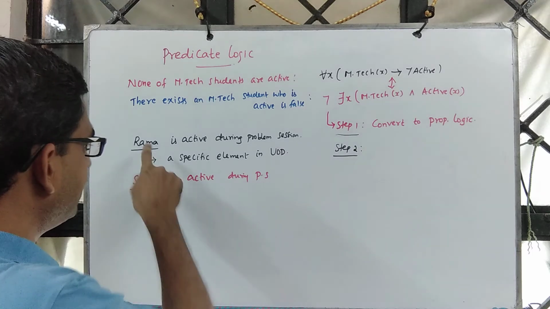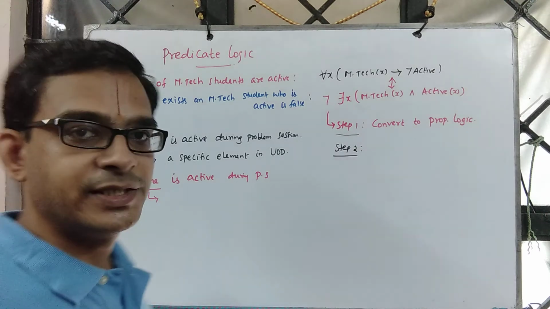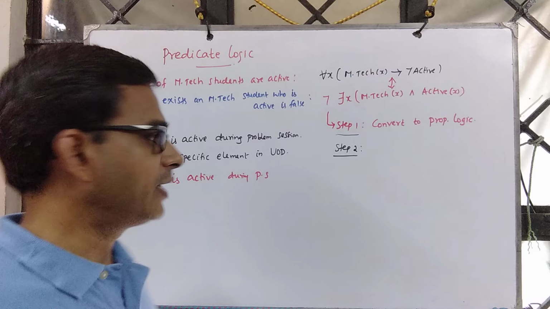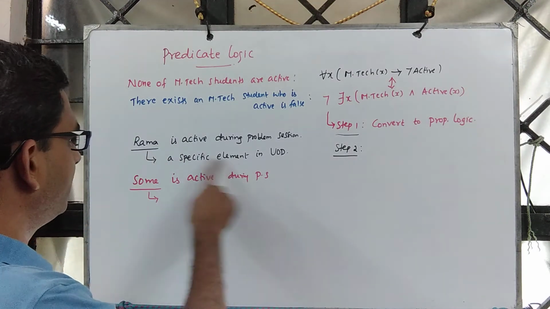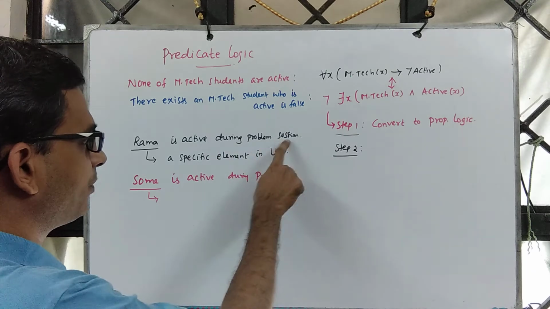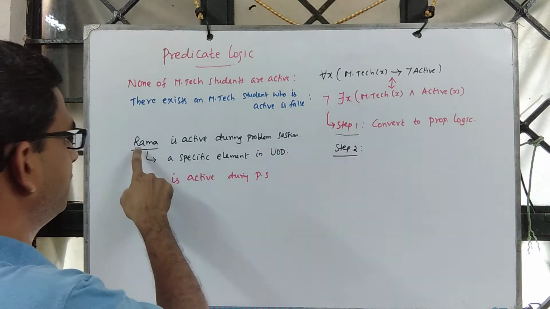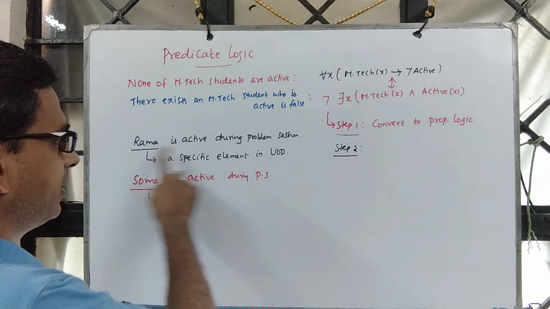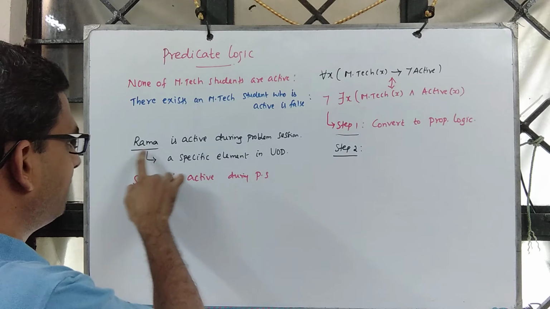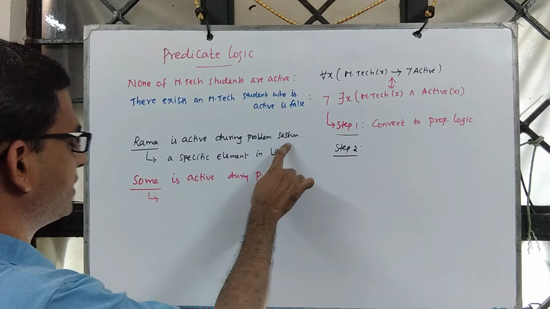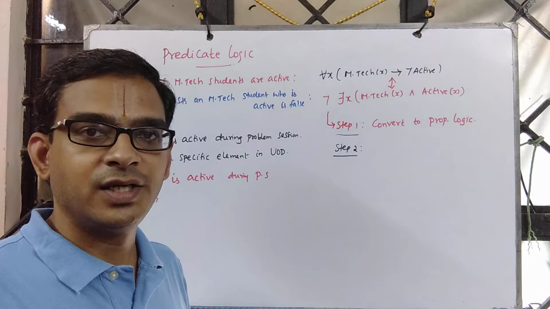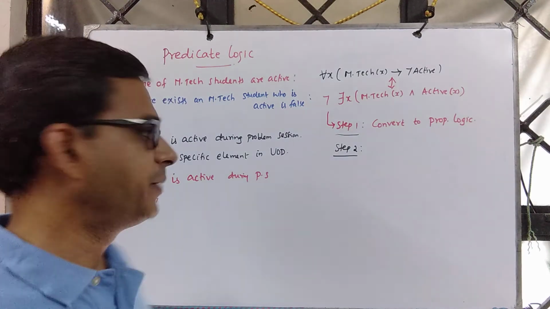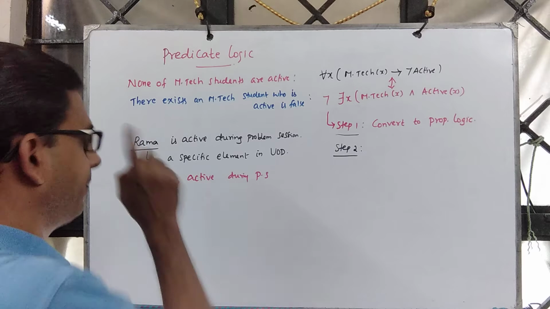But when you instantiate, meaning when you look at the statement with respect to a specific element, you see that it becomes a proposition. There is no existential quantifier. There is no universal quantifier. Rama is active during the problem session. So the statement is in the context of a specific element, Rama.